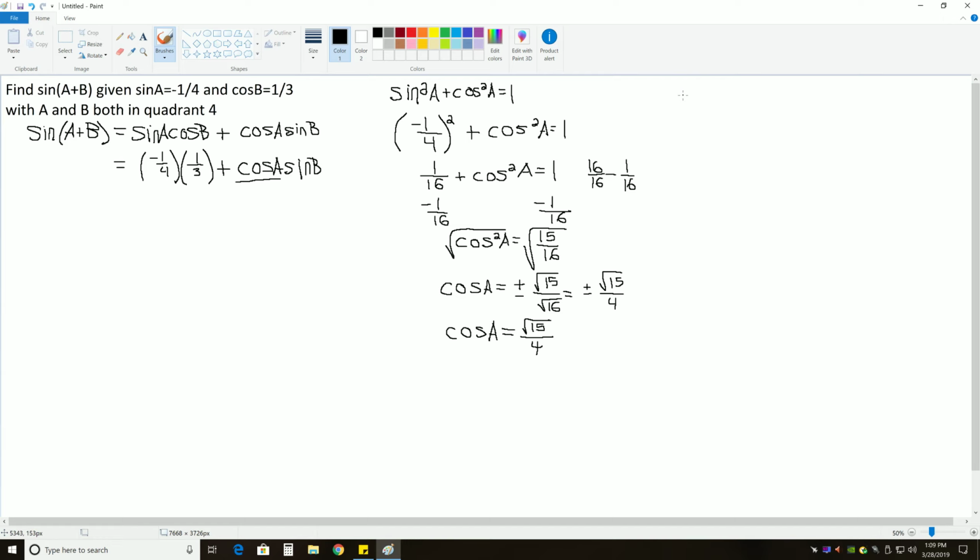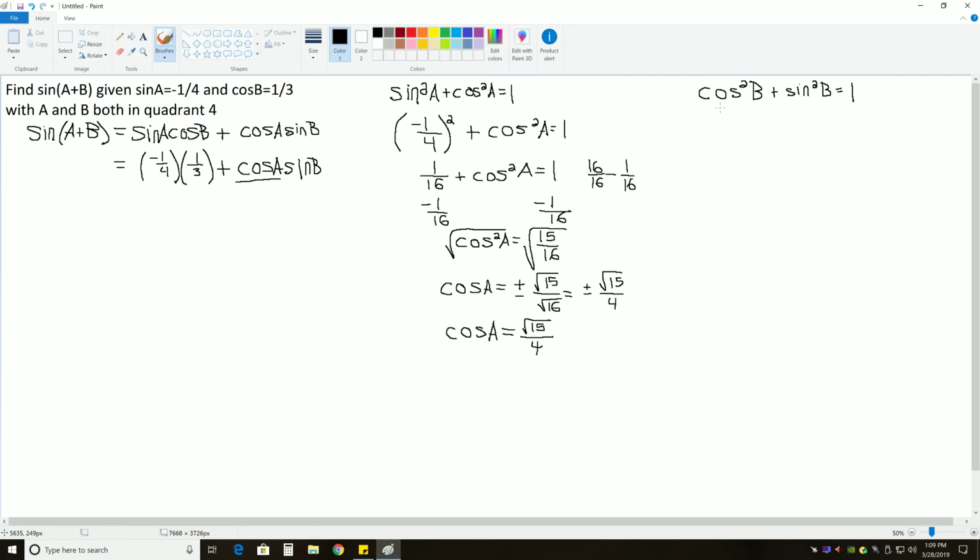So in this case, we get cosine squared b plus sine squared b is equal to 1. That's just our standard Pythagorean identity.